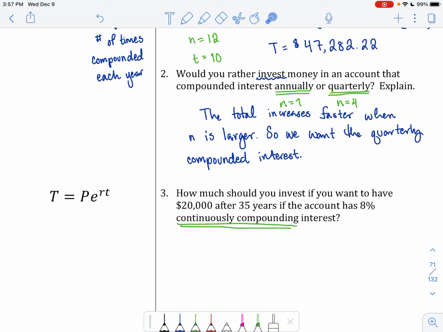Now the formula for continuously compounding is T equals P times E to the RT. Now E is a button on your calculator. This is a constant. It's approximately equal to 2.7, just like how pi is approximately equal to 3.14.